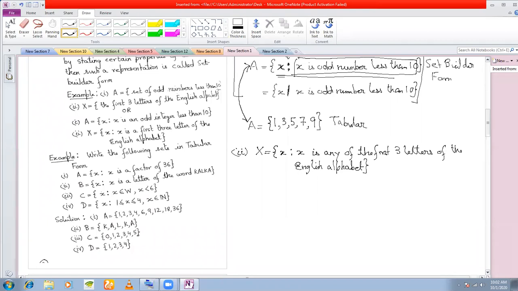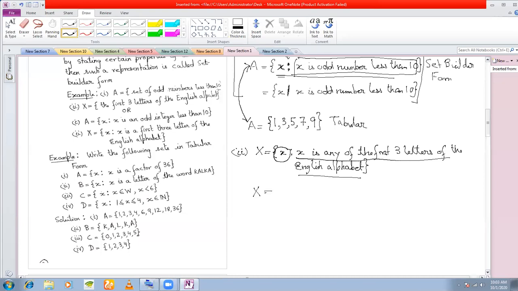Now this is given in your set builder form. Why is it in set builder form? It is given in set builder form because I have defined a variable here, X. And what is the definition of that X? That X is any of the first three letters of the English alphabet.